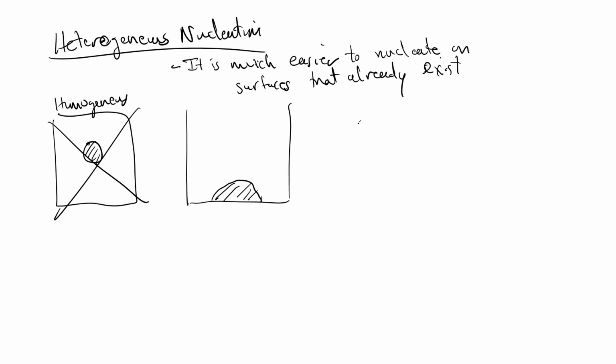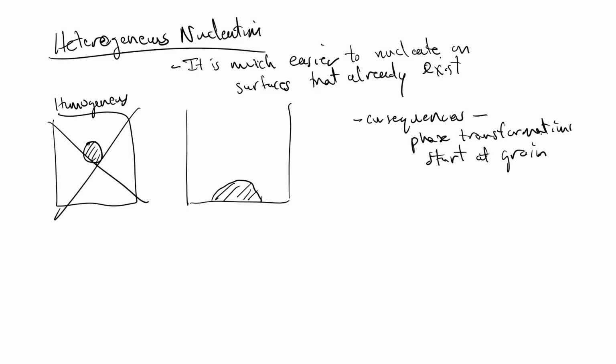So, here are the consequences of this. Phase transformations start at grain boundaries. That's a surface that already exists.